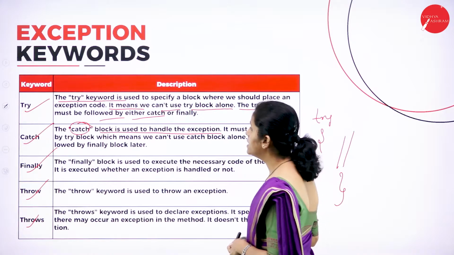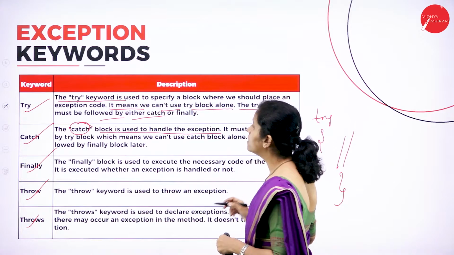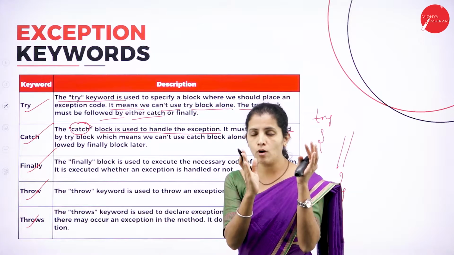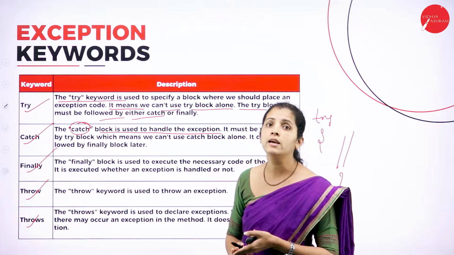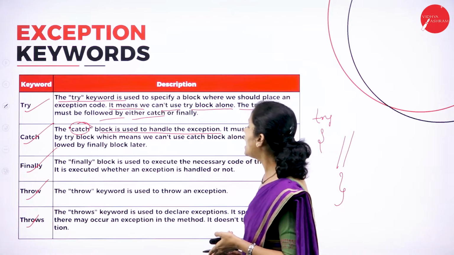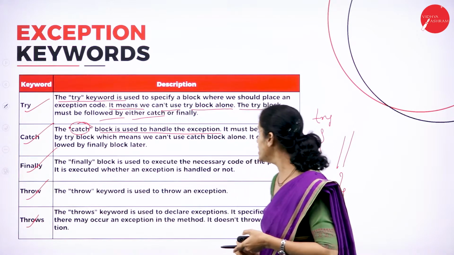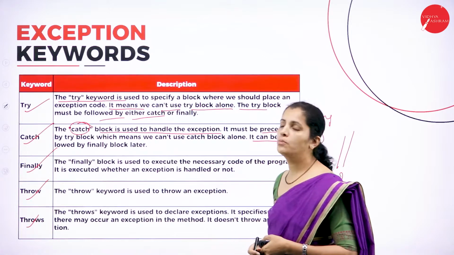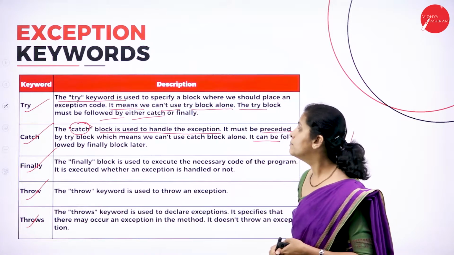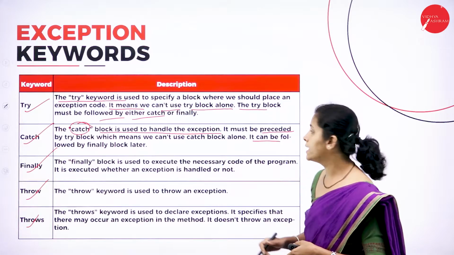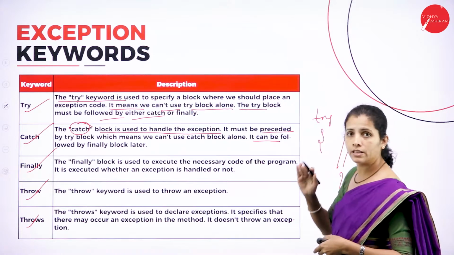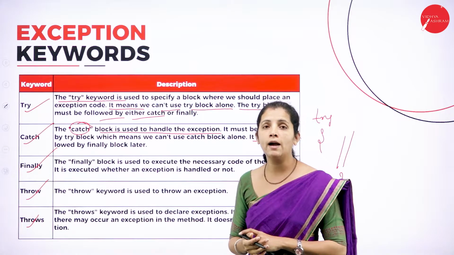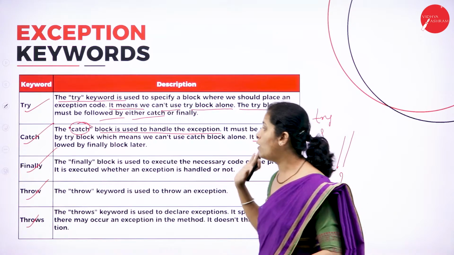It must be preceded by the try block. So at the beginning I have the try block, below that I write the catch block, and it is mainly used to catch the exception. It can be followed by a finally block later. That means I can have a try block, after that a catch block, and after that a finally block.